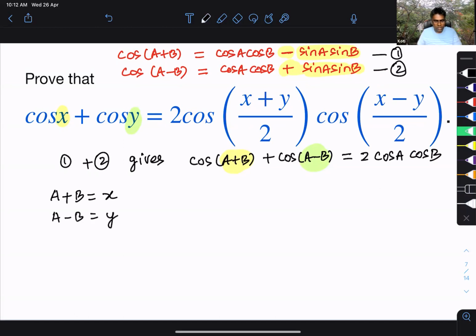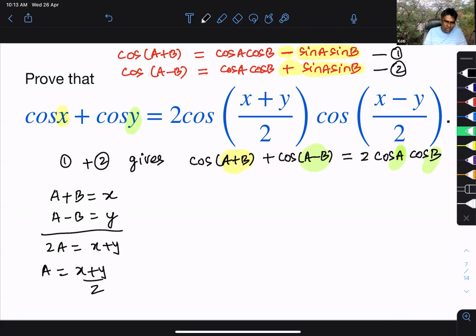Then you have two simple equations to solve. If you add them, b and b disappear, and you get 2a as x plus y. So your a becomes (x plus y) by 2.